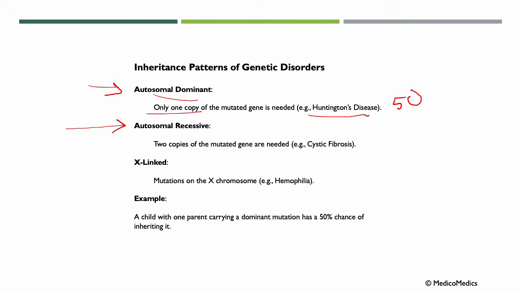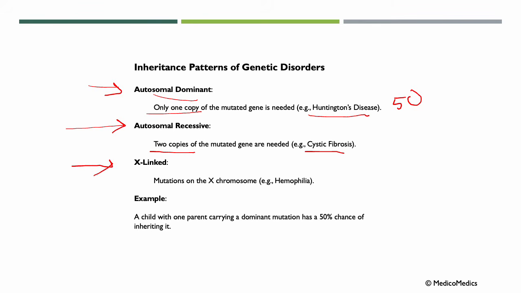Then we have autosomal recessive, where both copies, so 2 copies of the gene, must be mutated for the disorder to manifest, for example, in cystic fibrosis. And carriers, so 1 mutated copy, are typically unaffected but can pass the mutation to the offspring.